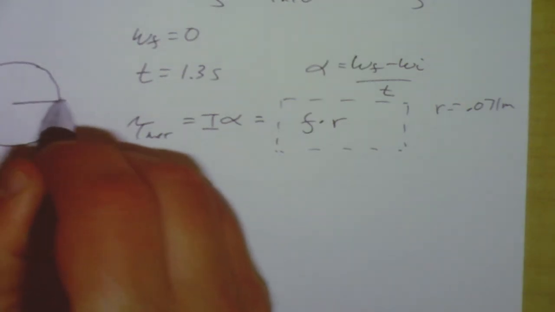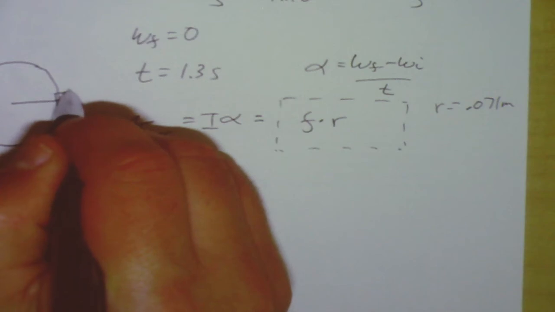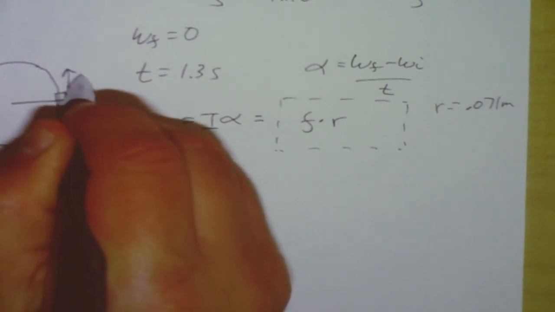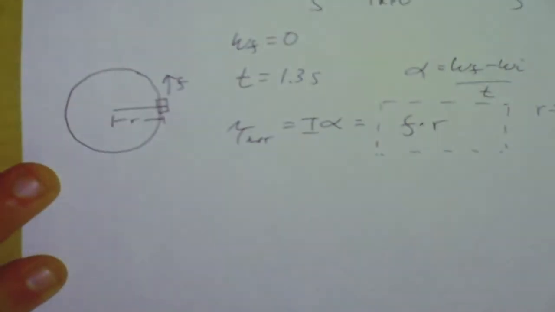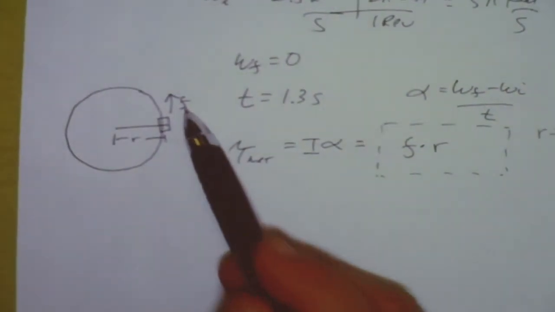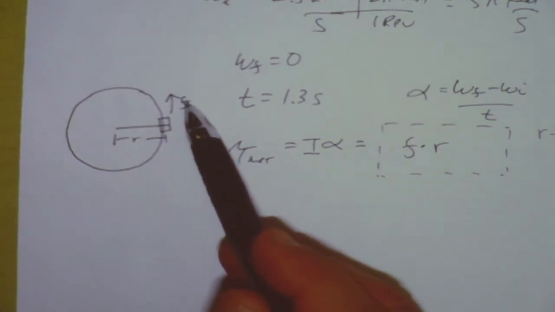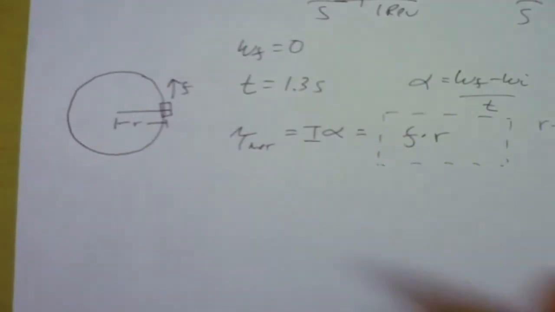What actually stops it? Here's a little brake pad with a frictional force. So frictional force, some distance r. That's what's giving us the torque. Make a note, this is friction, it's not frequency. So frictional force, some distance r from the axis here, and that's given in the problem actually.